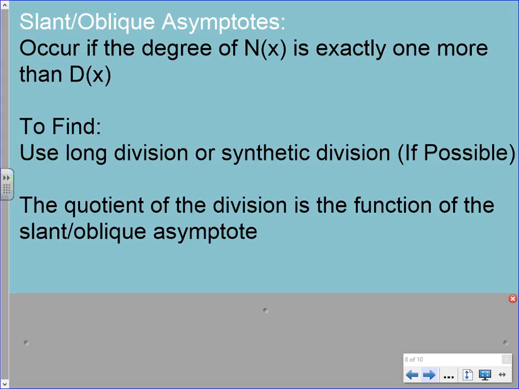It's kind of weird. It's in this chapter because we need that division piece that we've been working on to find our slant asymptotes. Okay? Now, you can use long or synthetic division, but synthetic division only works sometimes, so you'll have to make that decision when you get to the problem. Okay? Are we ready?